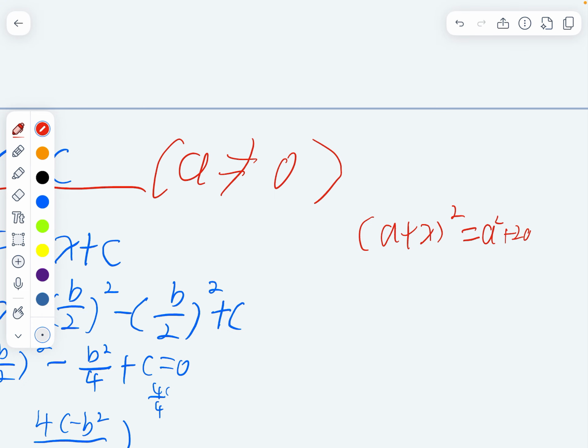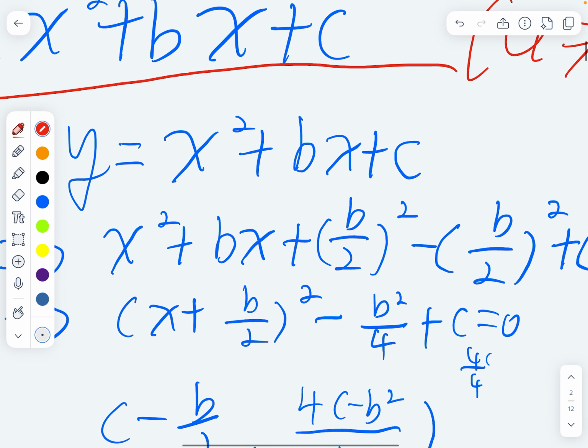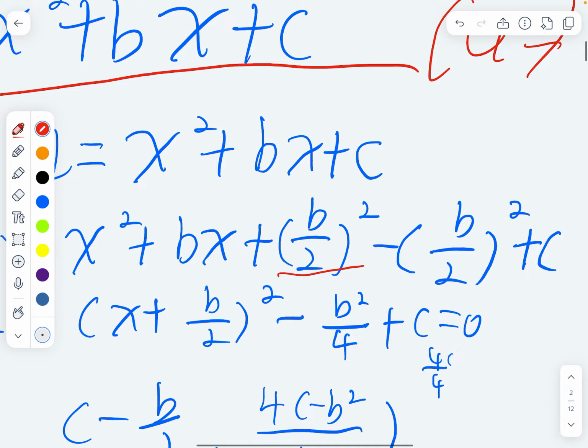Now, in the second step, we make sure to add the (b over 2) squared here. Since it's not an equation, the right side doesn't equal 0, so we must subtract it as well.